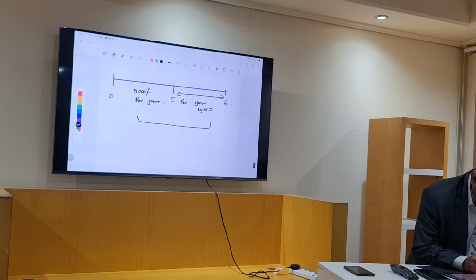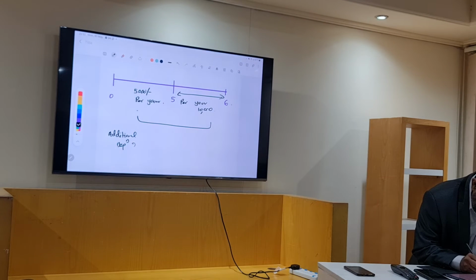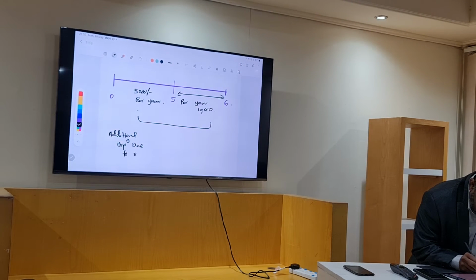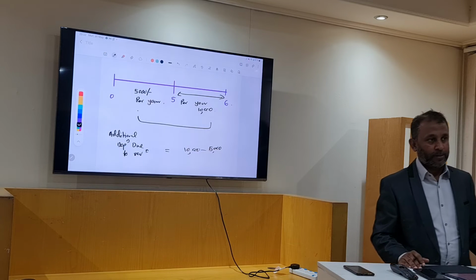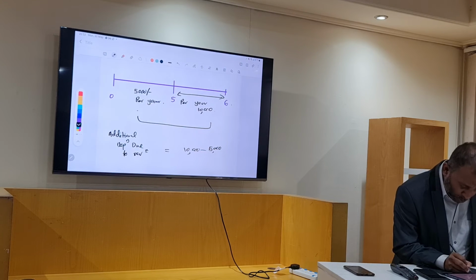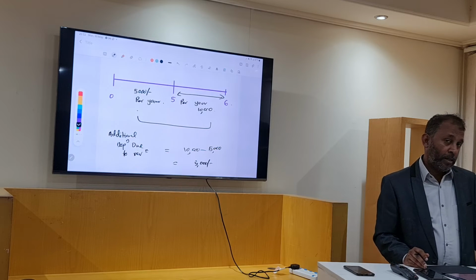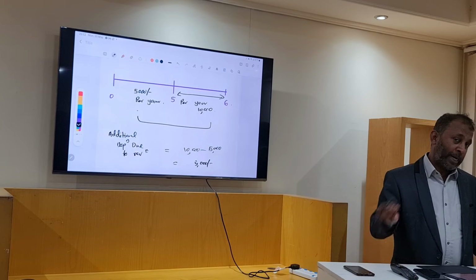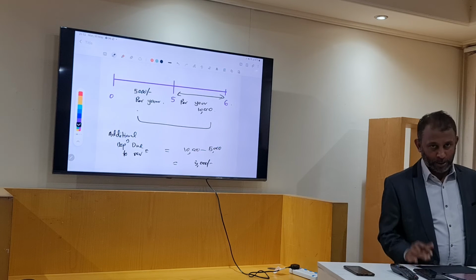We call it additional depreciation due to revaluation, which is 10,000 minus 5,000. I told you that the revaluation surplus cannot be used for the purpose of distribution.